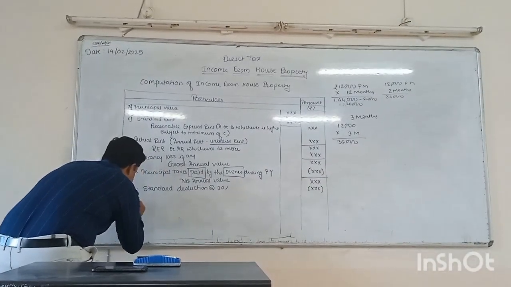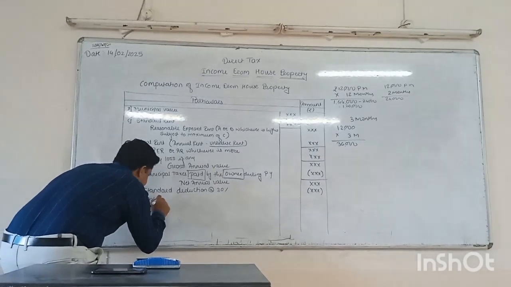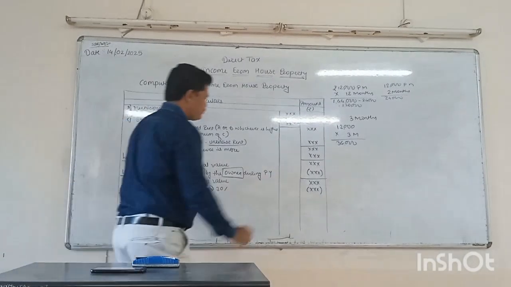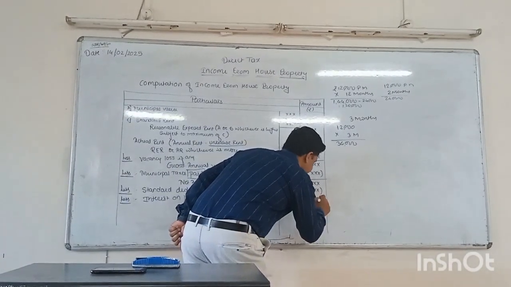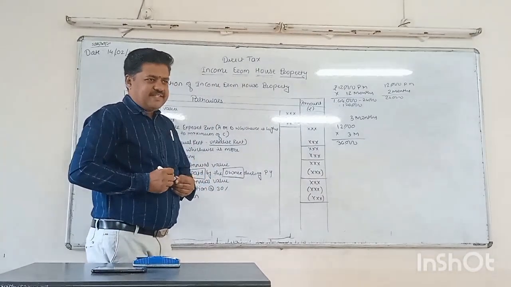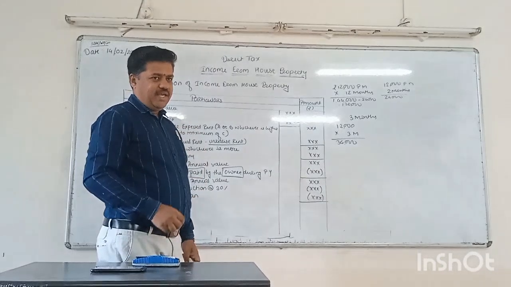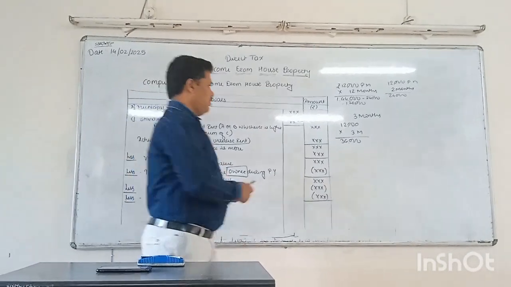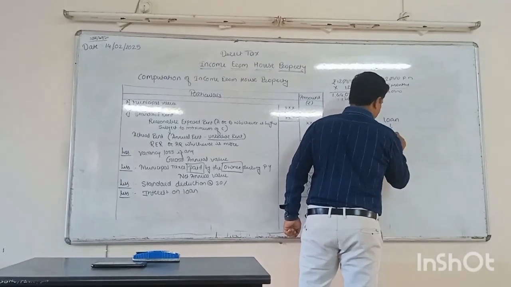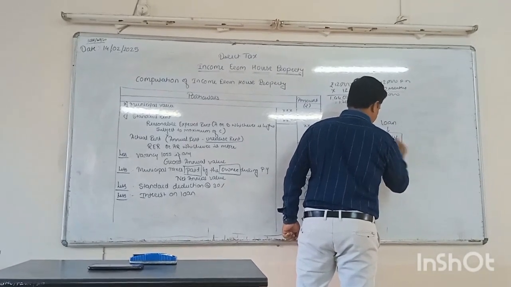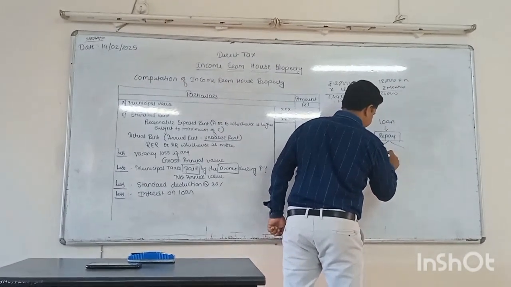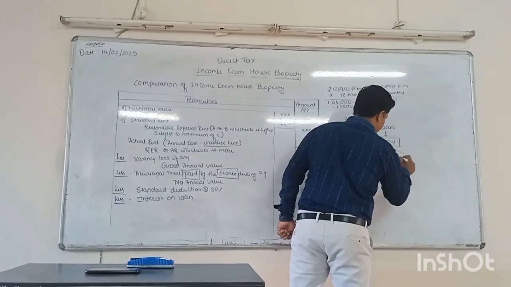Less: interest on loan. If the assessee has taken any housing loan, when we repay the amount of that loan, the repayment amount includes the principal amount and also the interest amount.